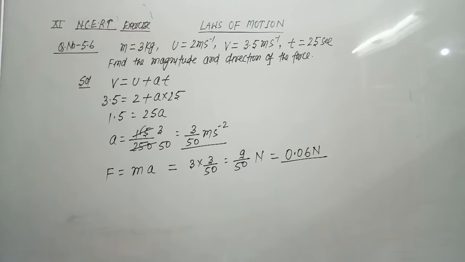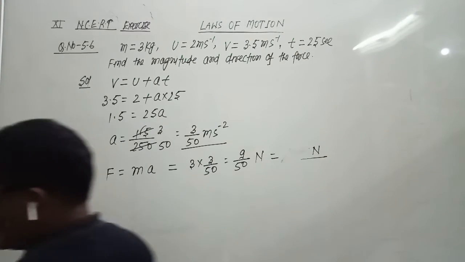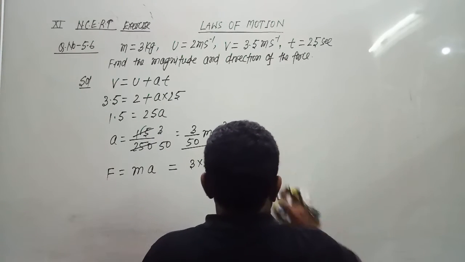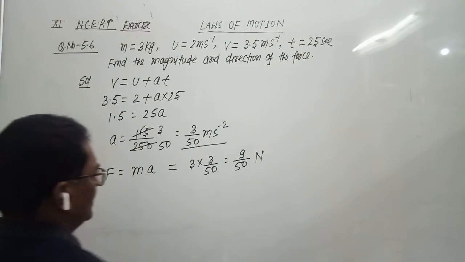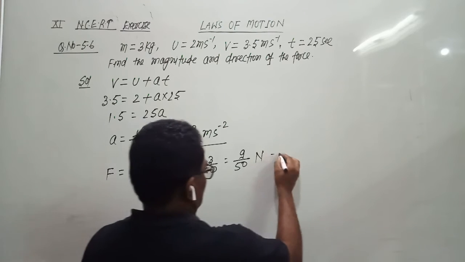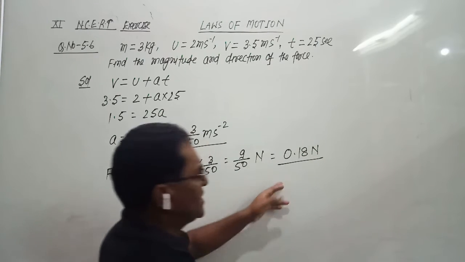So 0.06 Newton acts on the body. 3 by 50 and 9 divided by 15, this is 0.06. 0.18 Newton. Now this is the magnitude of the force.